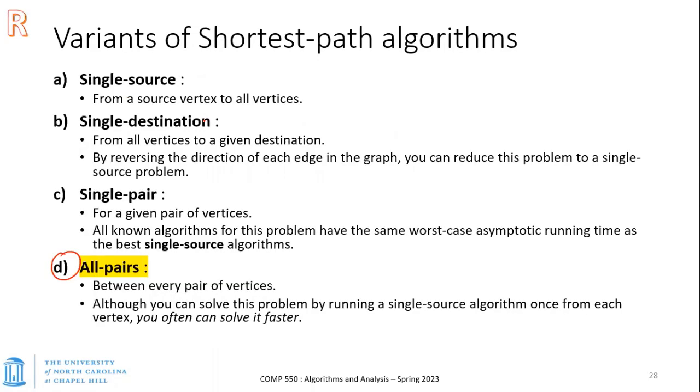So let me go back over here. We said that you could solve this particular problem in the kind of naive way. You already know how to do single source shortest paths. If you want to do all pairs, you could just repeat that V times, changing the source for all the V vertices.